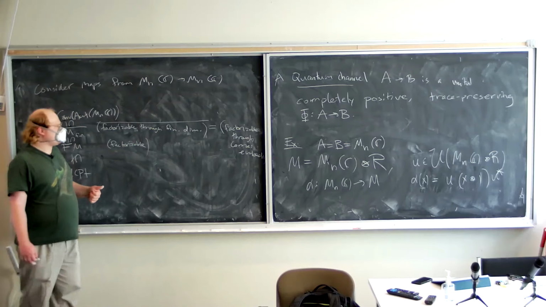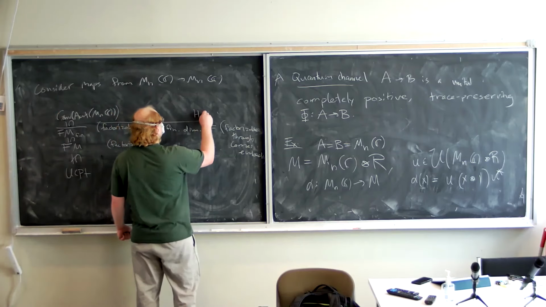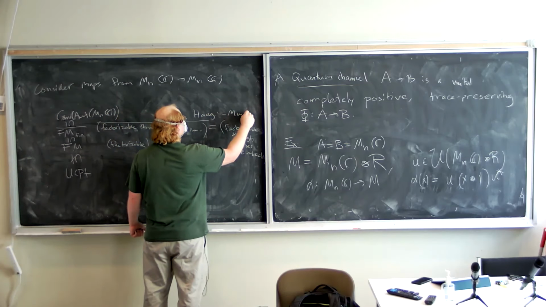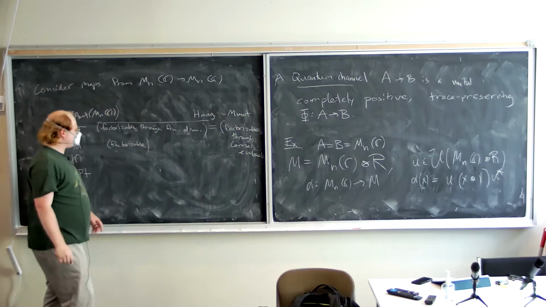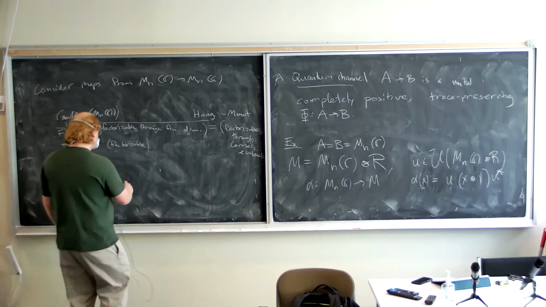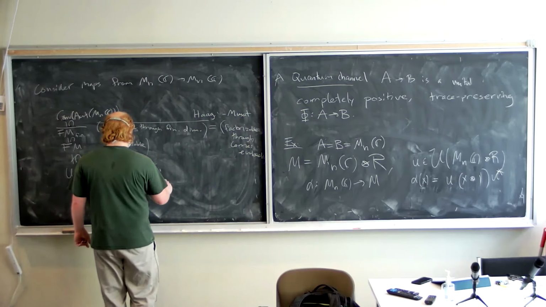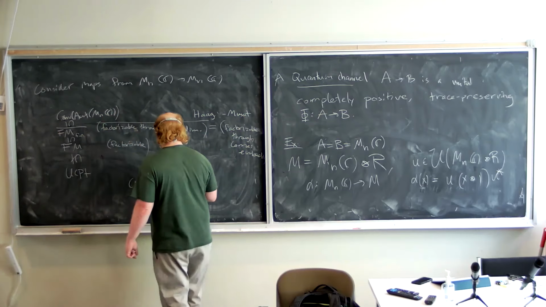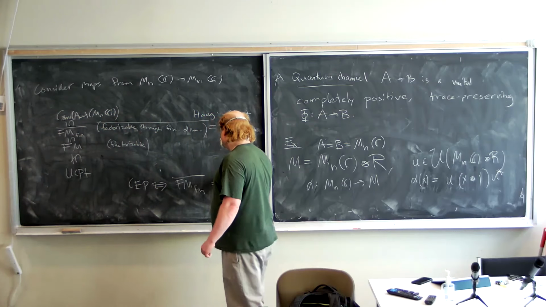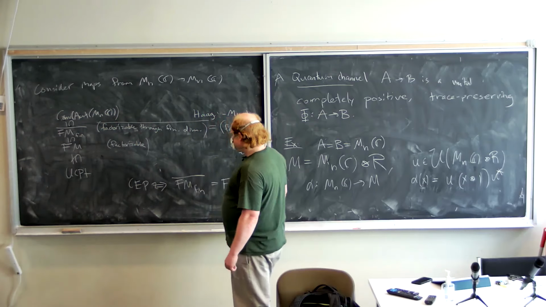And Hargrove and Musat showed that the closure of this is this, and they also showed that the Connes embedding problem is equivalent to saying that the factorizable-through-finite-dimensional closure is equal to all the factorizable maps.